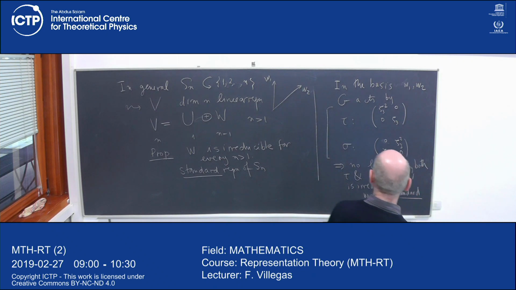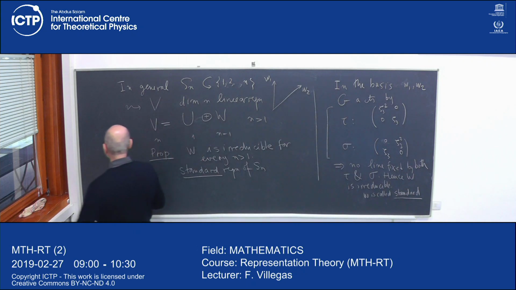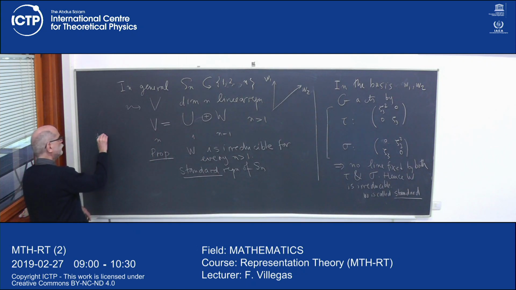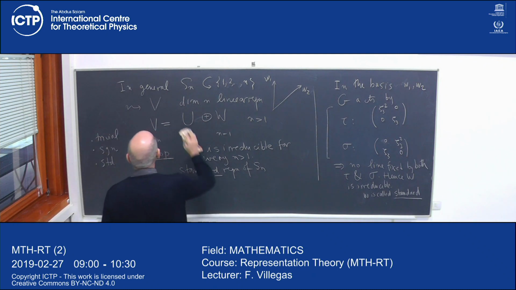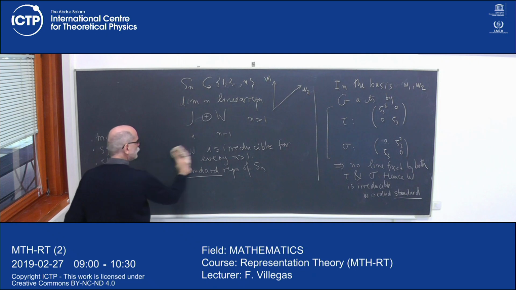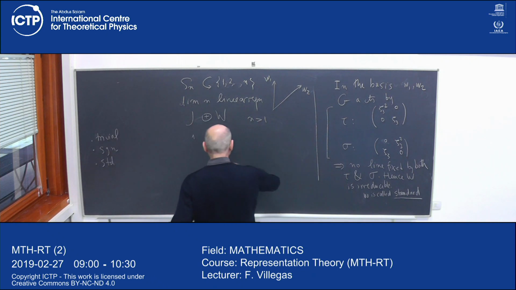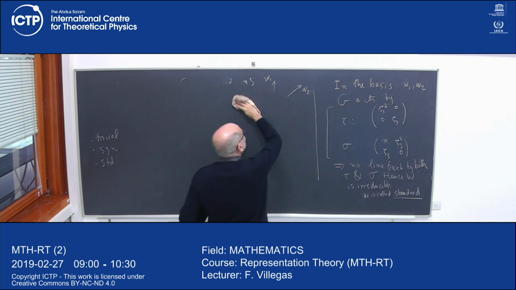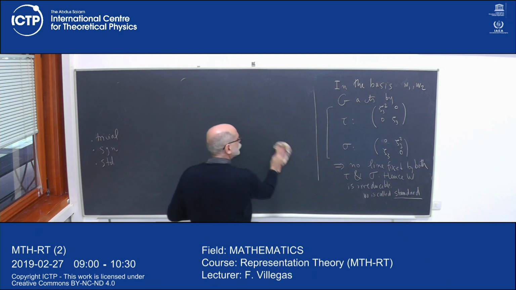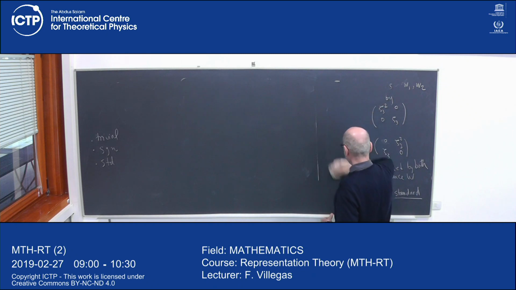Okay, so what do we have? We have three representations that we found: the trivial, the sign, and the standard for S3. And I claim these are all the irreducible representations there are. I'm doing this as a warm-up just to get acquainted with the various issues, but we'll come back and prove statements like this for any finite group.